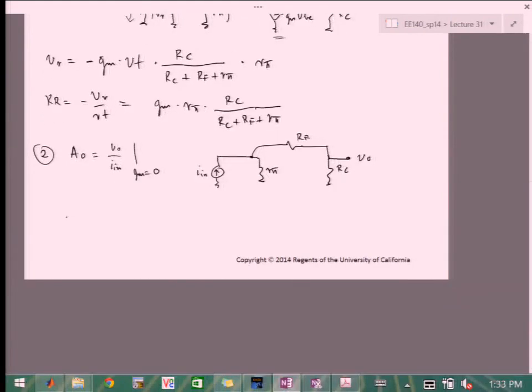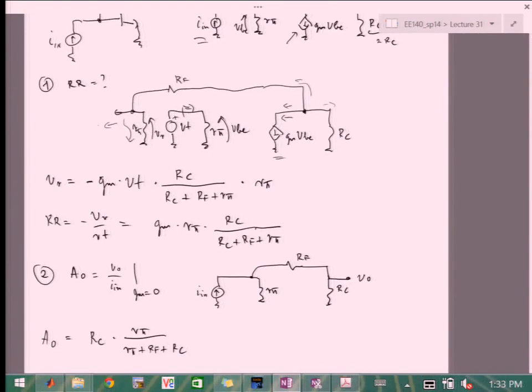So in this case, this is equal to, again, RC times the current after the divider. So it will be R pi over R pi plus RF plus RC. Okay, makes sense so far? Good. So the remaining thing we need to do is find the A equivalent.